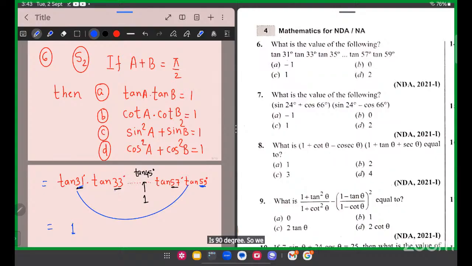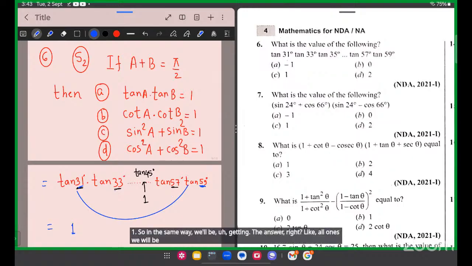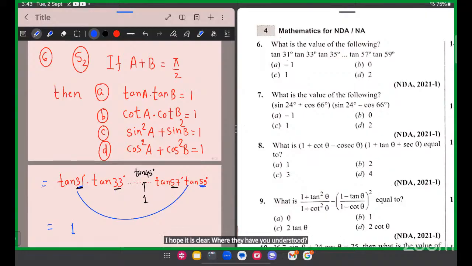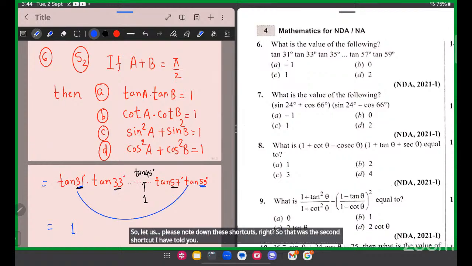We have got 7 such pairs and each pair will give you 1, so all ones we will be getting, and the answer will be 1. I hope it is clear. Vedhi, have you understood? Yes, sir. Okay, very nice. So let us please note down these shortcuts, right? That was the second shortcut I have told you. Now we'll move to the next question.